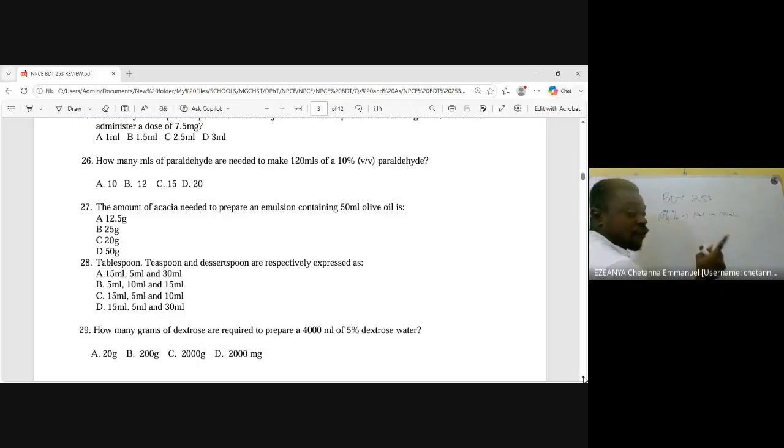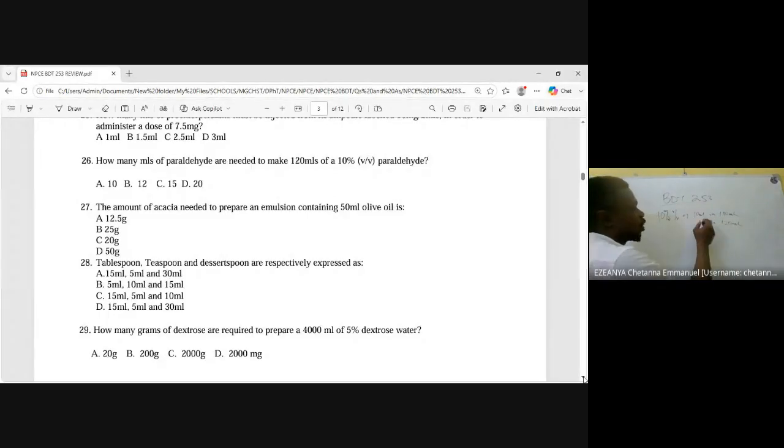Now look up, as she rightly pointed out: 10 mL, for want of space, we don't write it in full. It is 10 mL paraldehyde in 100 mL paraldehyde solution. That's why I took my time to explain that. If 10 mL is in 100 mL, we are asked to determine the number of mL needed to make 120 mL.